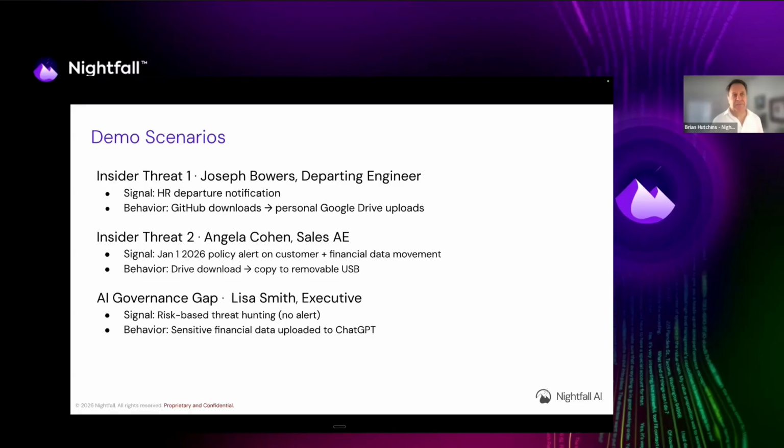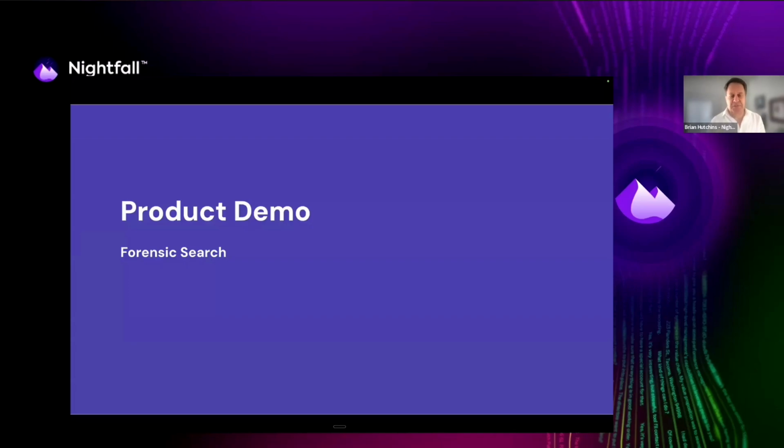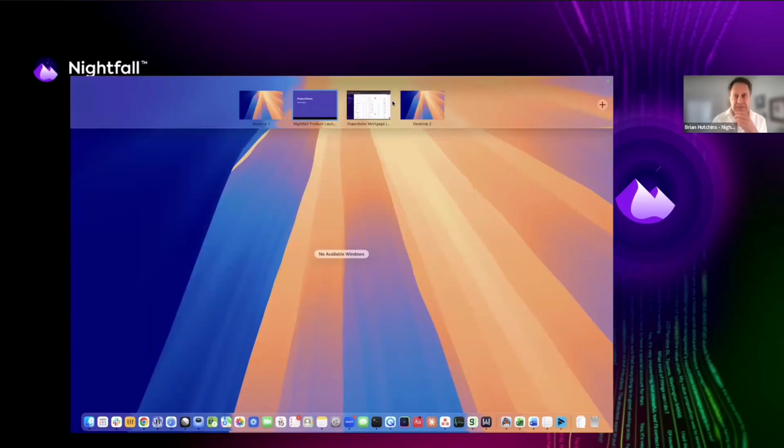And then scenario three is more of a threat hunting signal, where we're just looking at behavior and we want to make sure that everything is working correctly, or that all of our controls are working correctly, and that our employees are following our governance instructions. So those are our three scenarios. I'm going to jump in now to demo these.